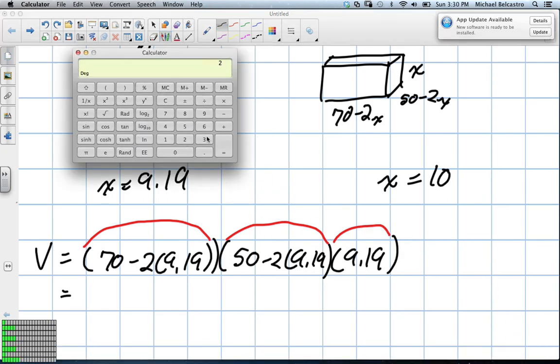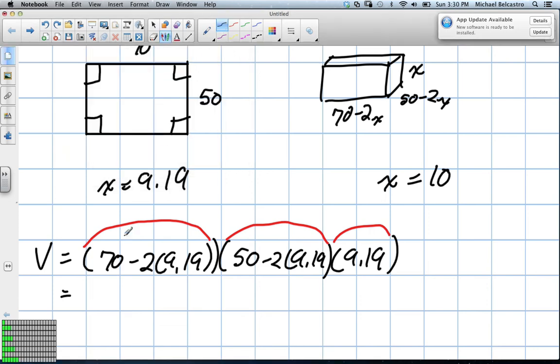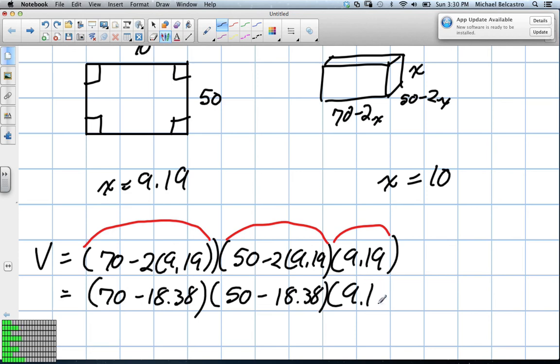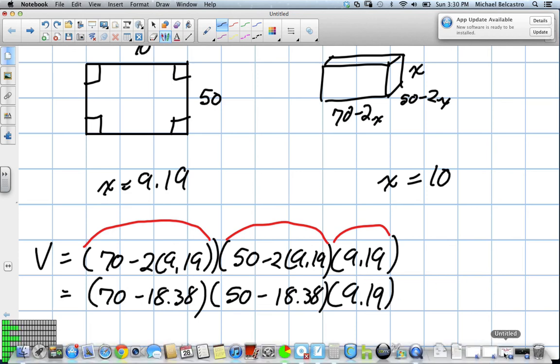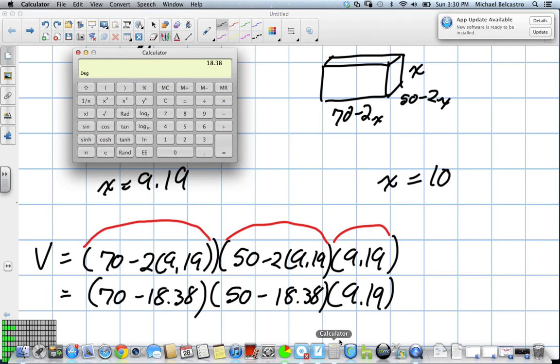2 times 9.19, 18.38. So 70 minus 18.38, 50 minus 18.38, and then, of course, we have our 9.19. Where's that calculator? There we go.